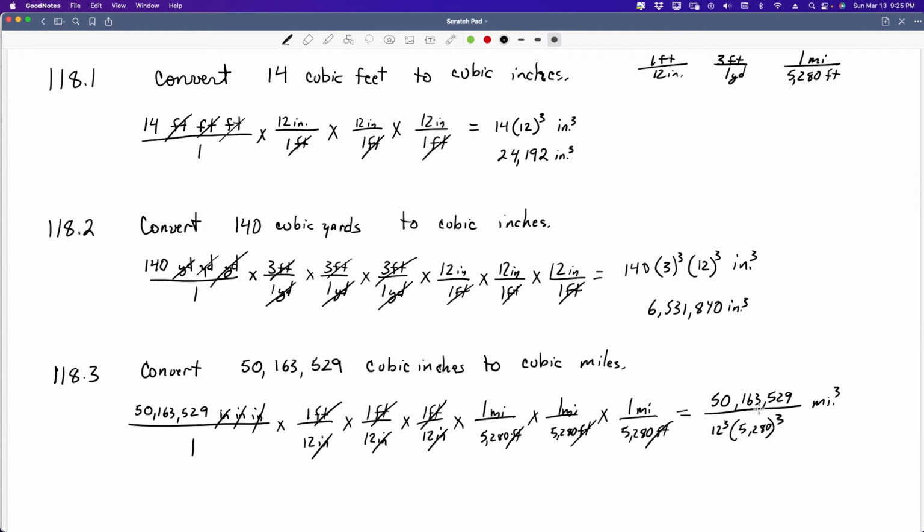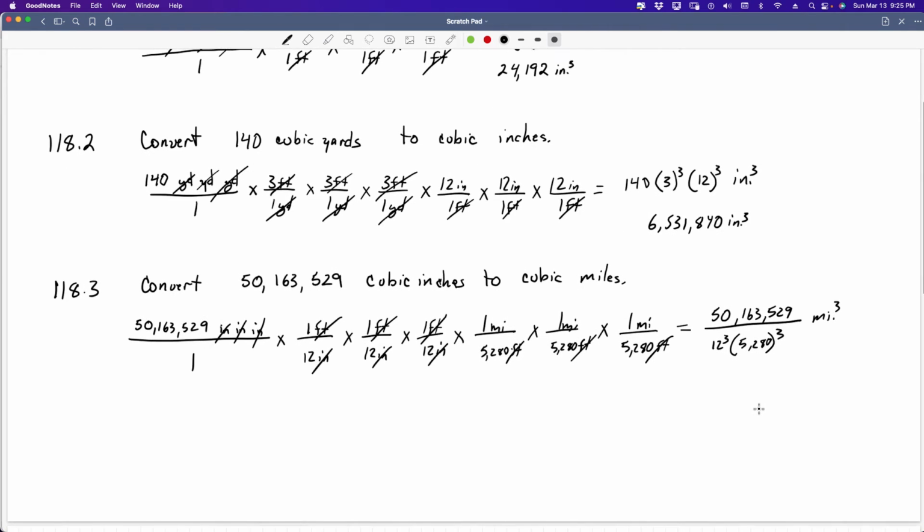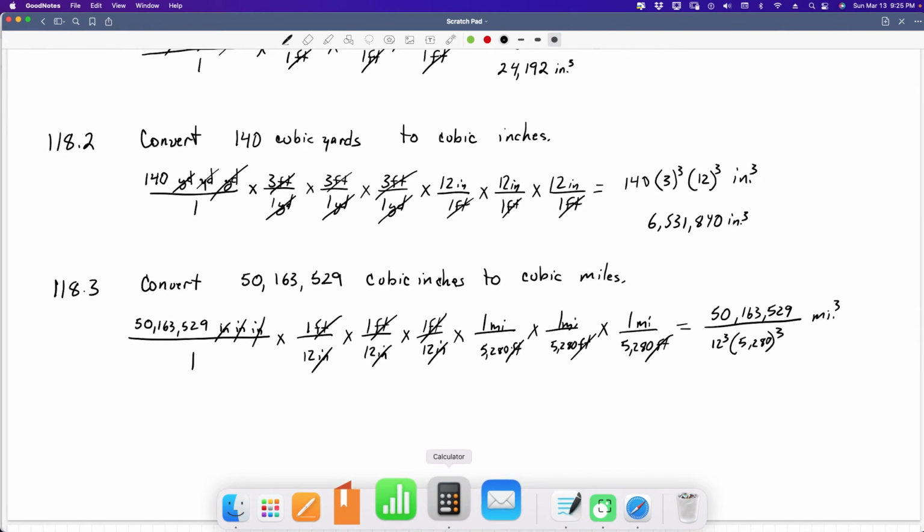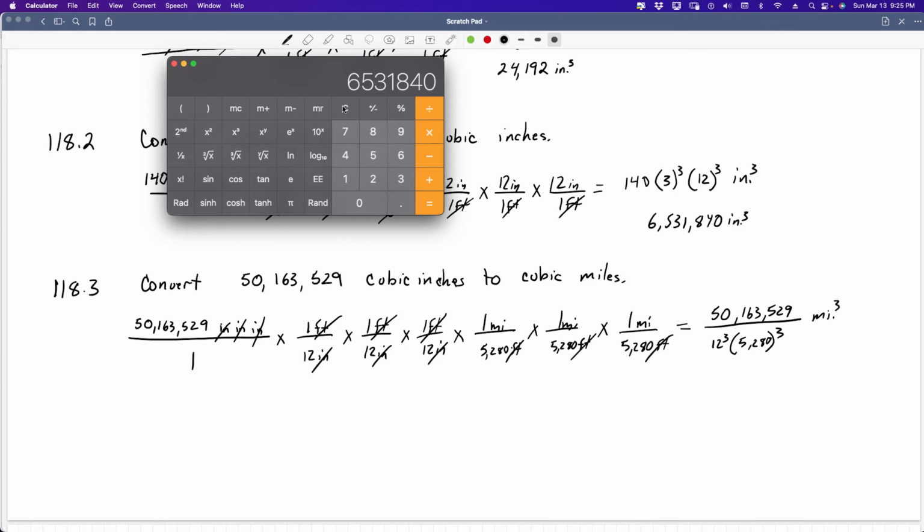So you could leave it like that, or let's scroll this up a little bit. You could put it in the calculator and get the answer. I'm going to do the denominator first. So I have 5,280 cubed times 12 times 12 times 12, which equals a very, very big number.